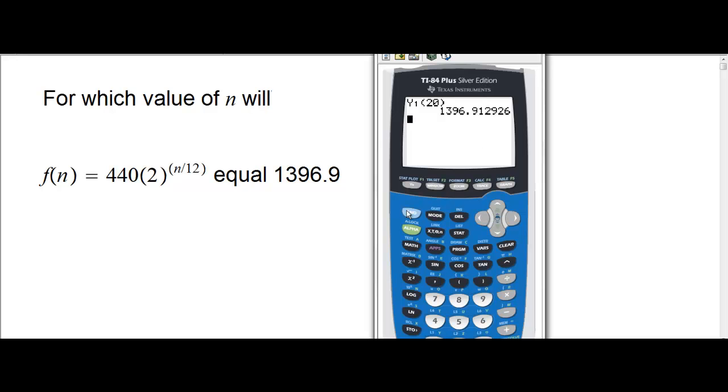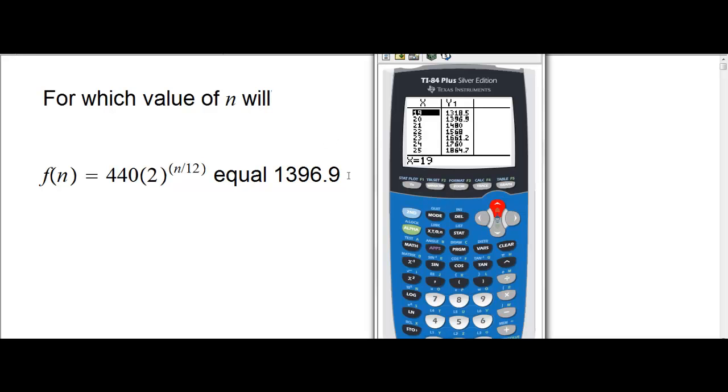You could read the same value from the table also. Let's go back here, and at 20 the table shows 1396.9 units.